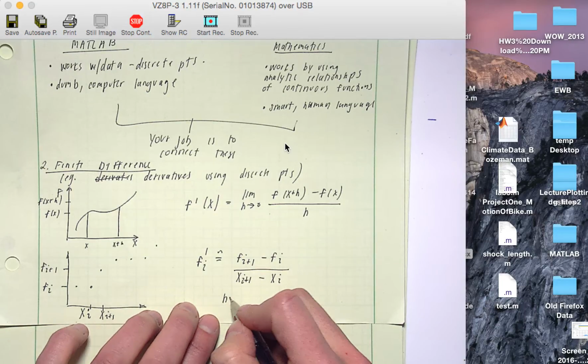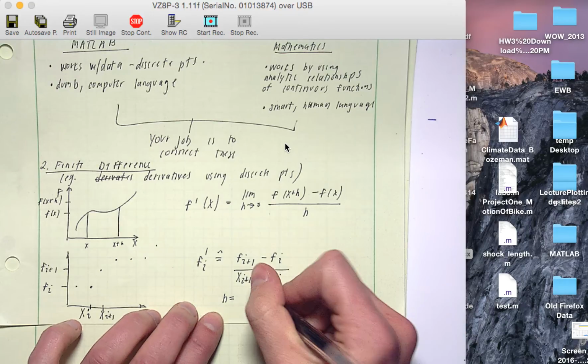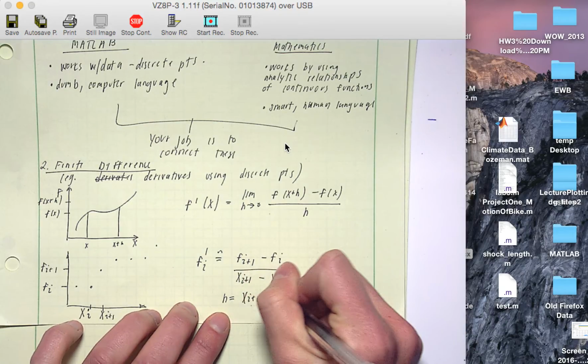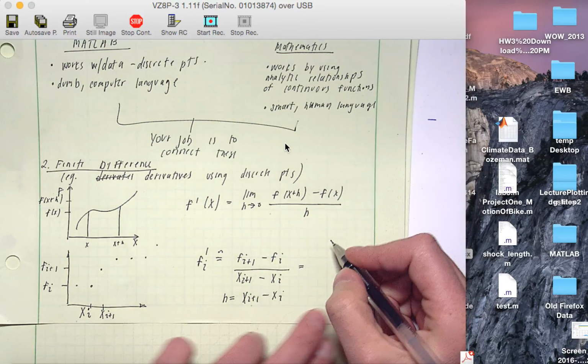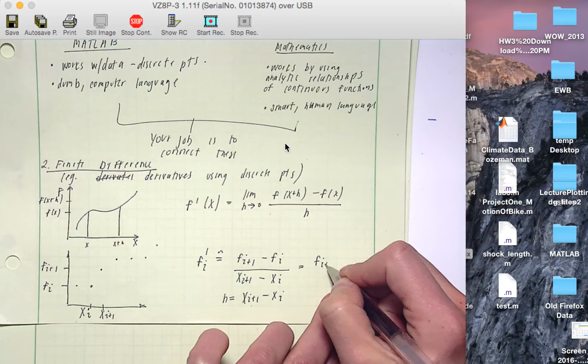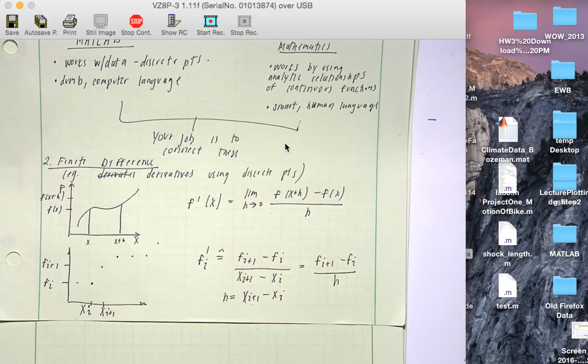And oftentimes our data is evenly spaced, so x of i plus 1 minus x of i is always the same. So a lot of times you'll see these formulas written with h's in them because h is always the same between every 2 points. So you'll see that a lot.